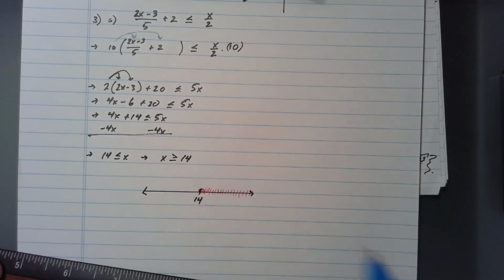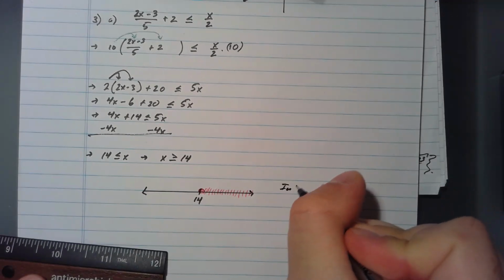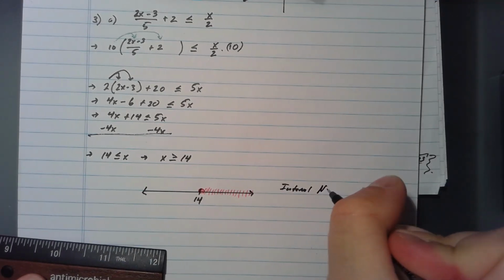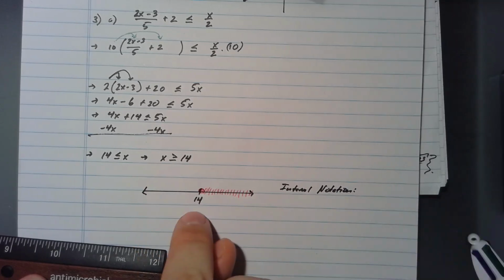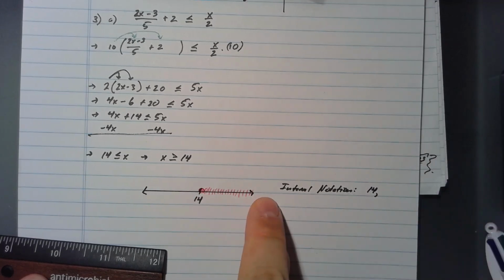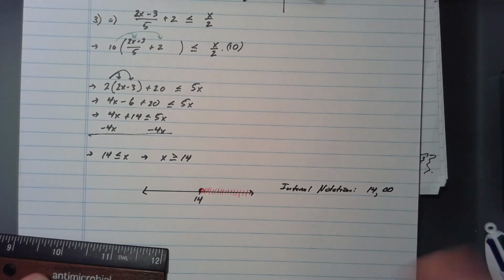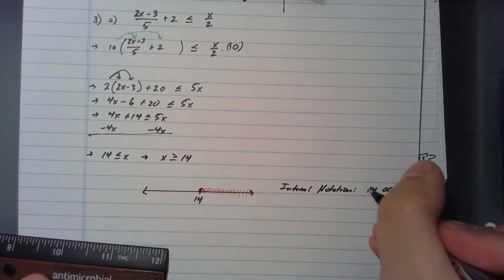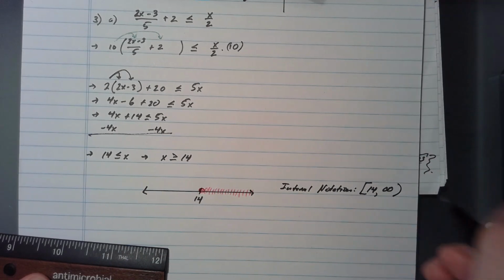So there's going to be a solid dot there. As an interval notation, the smallest value on this interval is 14, and this goes out to the right forever, which means it goes out to positive infinity. And since 14 is part of the inequality, it's going to be a bracket at 14, and infinity never terminates, so that's always going to be open.